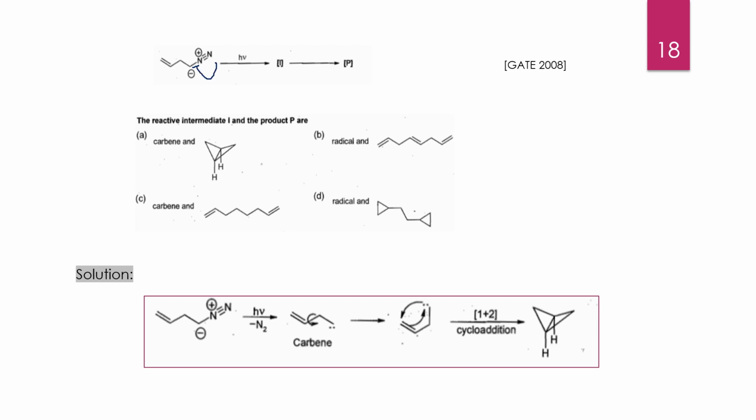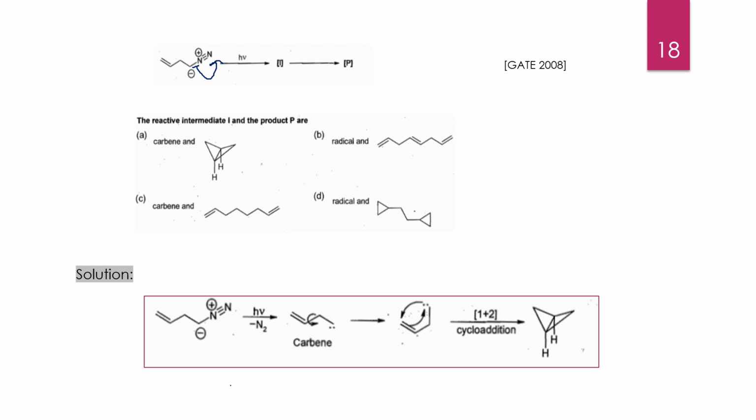When it gets removed, we'll get a carbene, and there is already a double bond, so it will attack, and this is a single bond, so there will be a ring inversion, like a ring rotation, and it will add into this adjacent double bond, giving us this 1,2 cycloaddition.